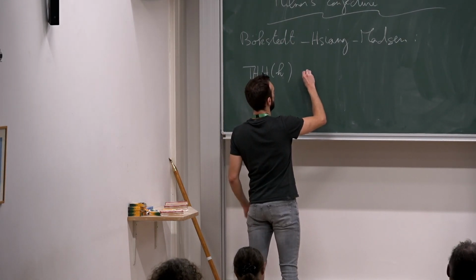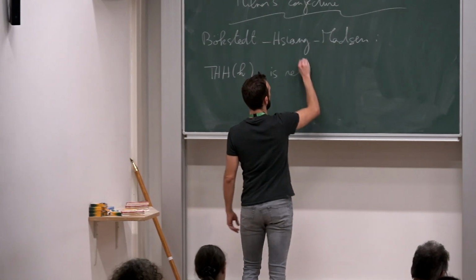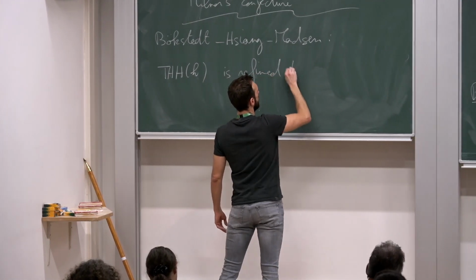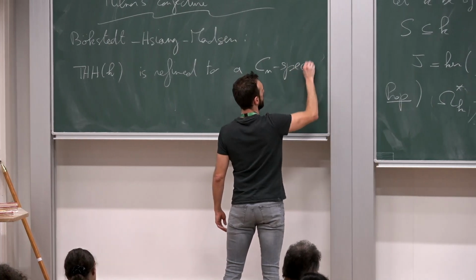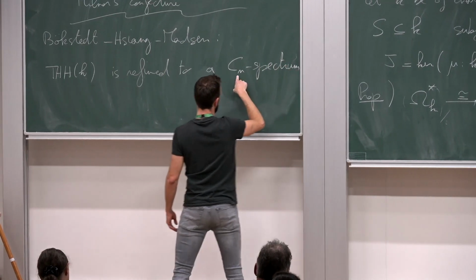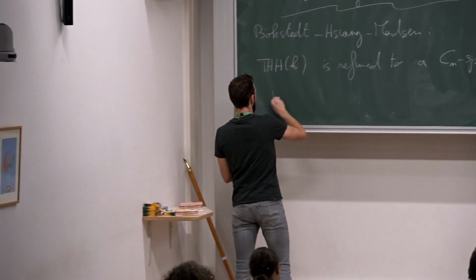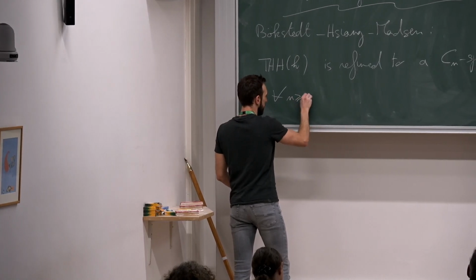So it's refined to a C_n spectrum, this is the cyclic group of order n, and you can do this compatibly for every n.